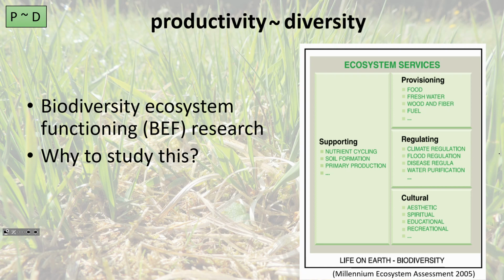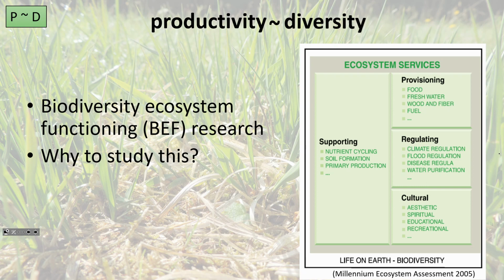Maybe because people always wanted not just to observe patterns, but they wanted species not only to be beautiful, but also to be very useful. So different people predicted different ecosystem services or functions by species diversity, showing that diversity matters for supporting services like nutrient cycling.